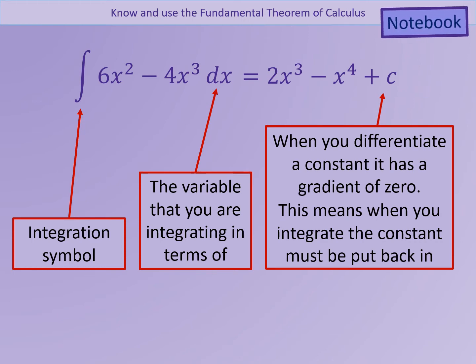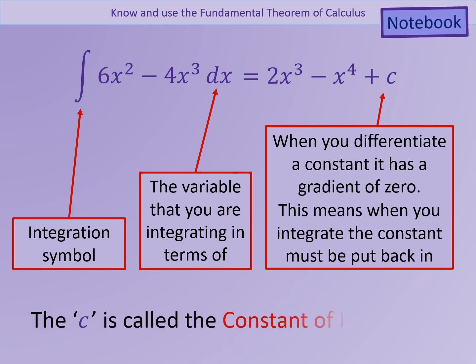And then this plus c, which I might have to find, or I might just leave it as plus c, would differentiate to 0 using the skills that I learnt in the last presentation. So I need that plus c because when I differentiate it, I will get 0, which is represented in the left-hand side. And this value for c that I must make sure I include in all my integrations is called the constant of integration.